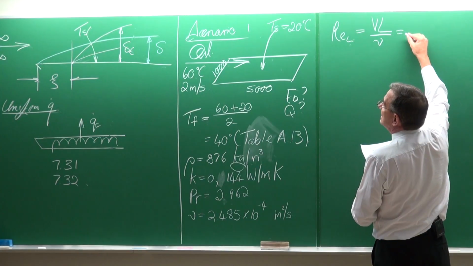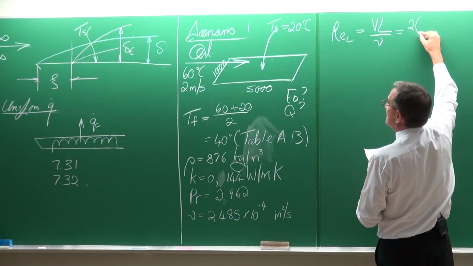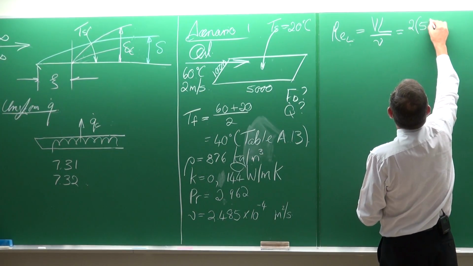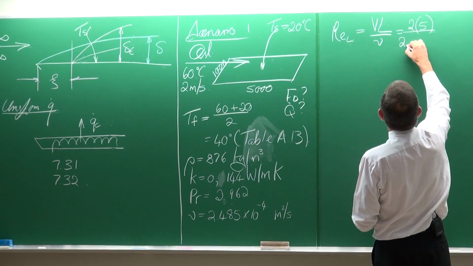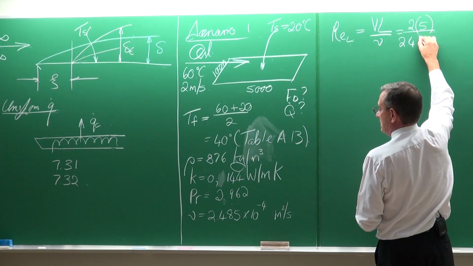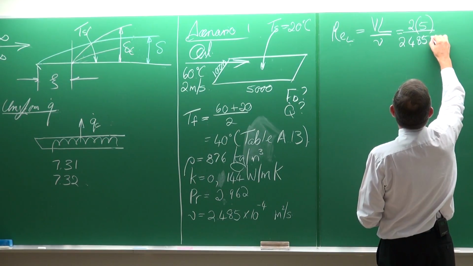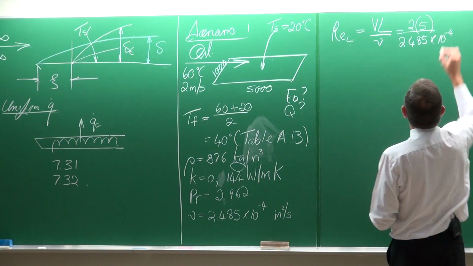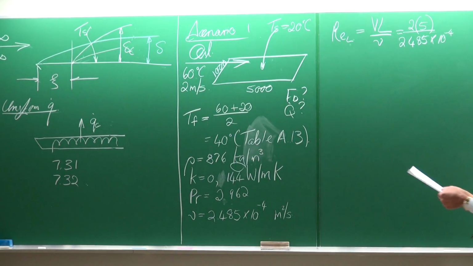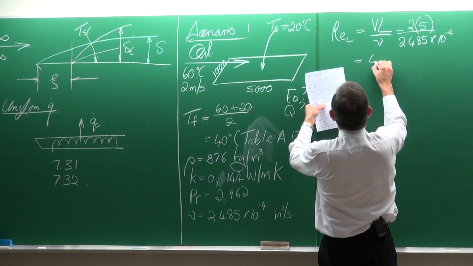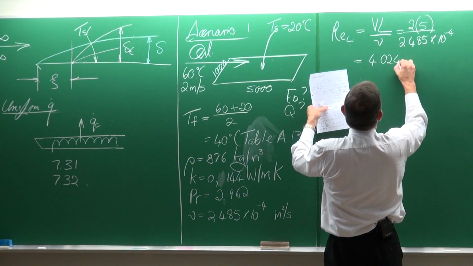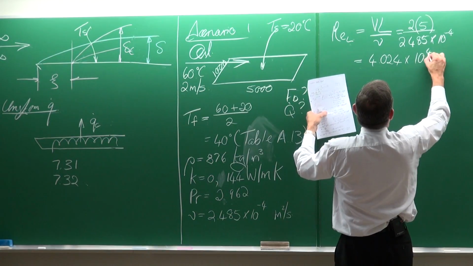The velocity has been given as 2 meters per second. The plate is 5 meters in length, and the kinematic viscosity is equal to 2.485 multiplied by 10 to the minus 4. And the result is a Reynolds number of 4.024 multiplied by 10 to the 4.